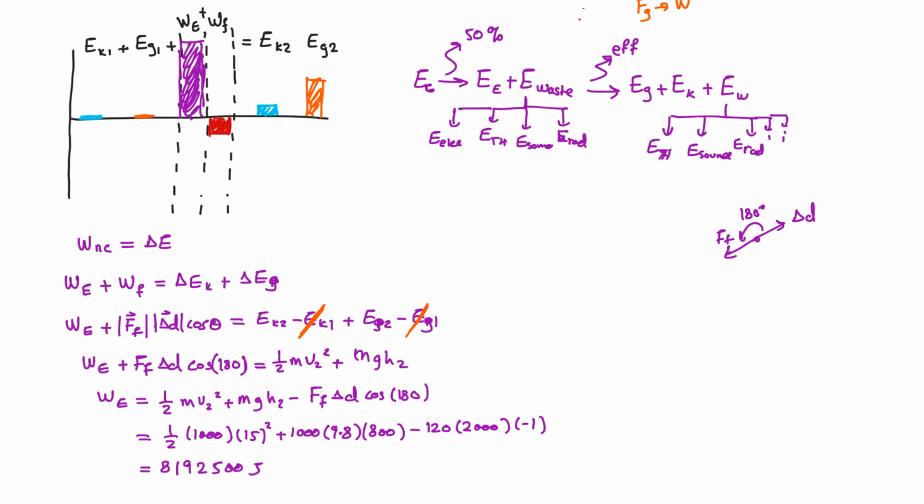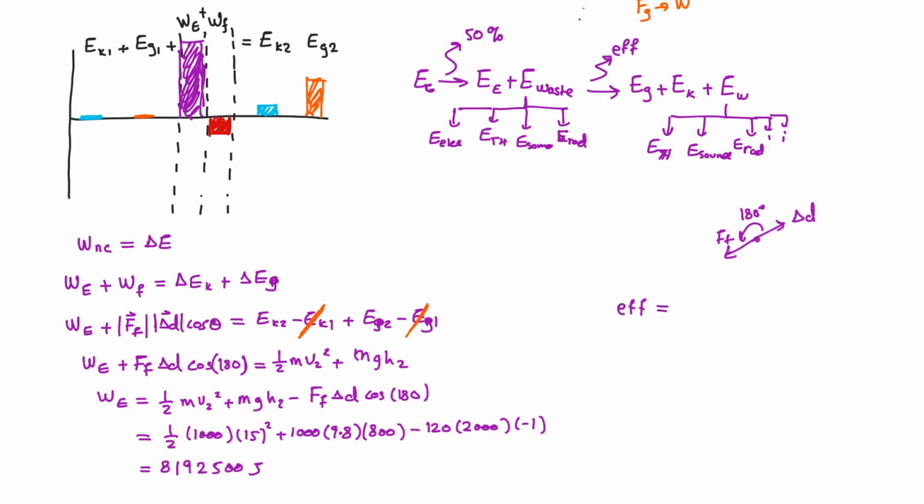And we know that the efficiency is equal to 50% for the engine. And here, what we have calculated are these three, and these three are the work done by the engine. And we know that the engine is 50% efficient. So the efficiency is going to be 50%.